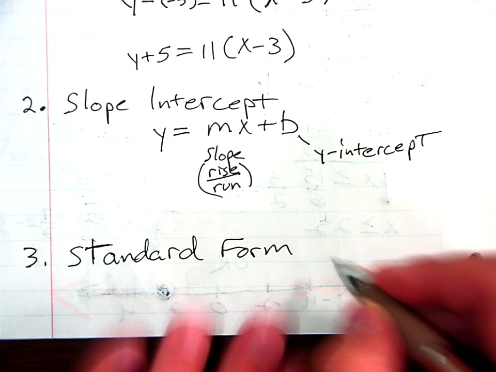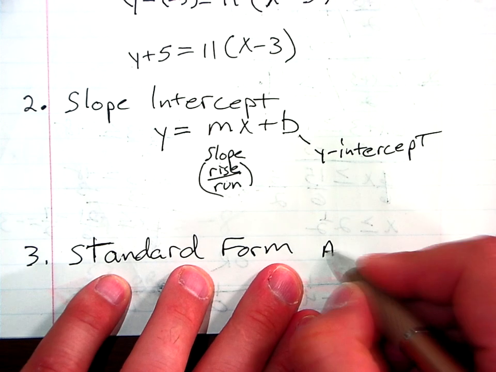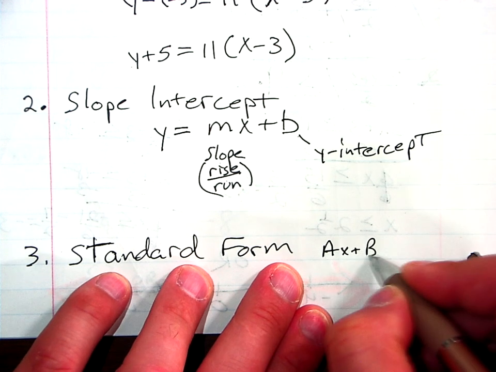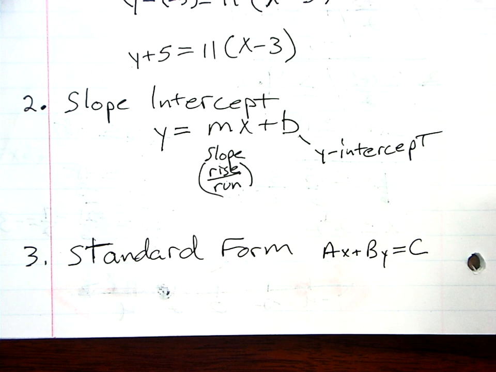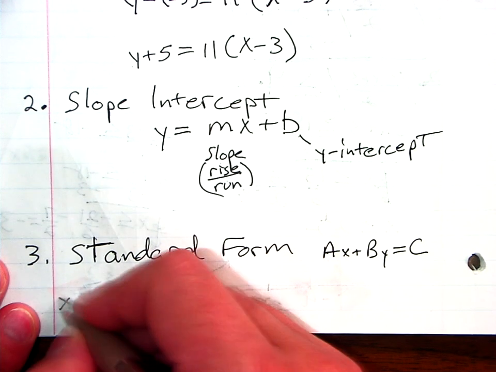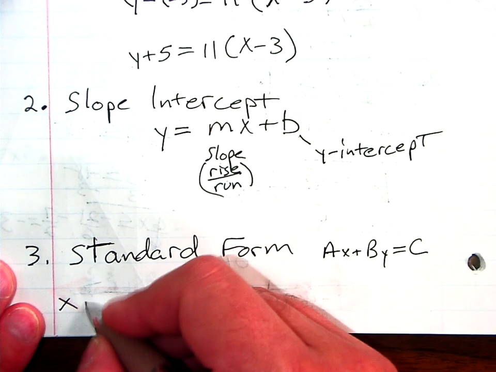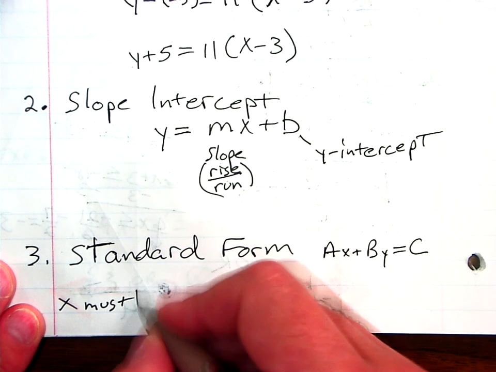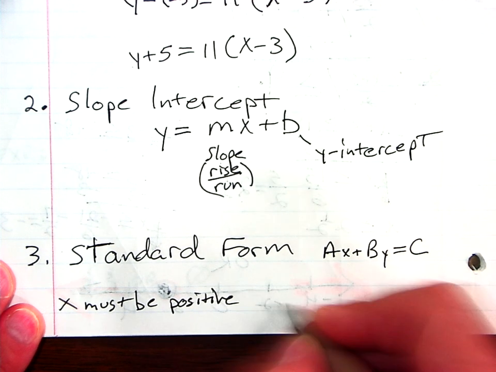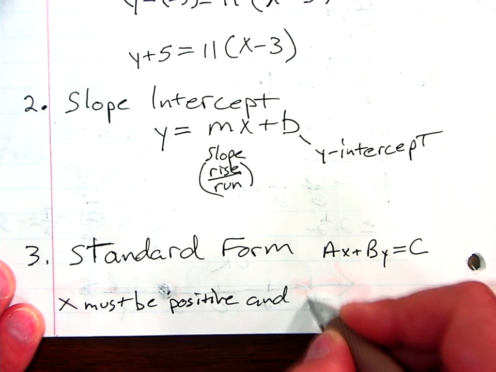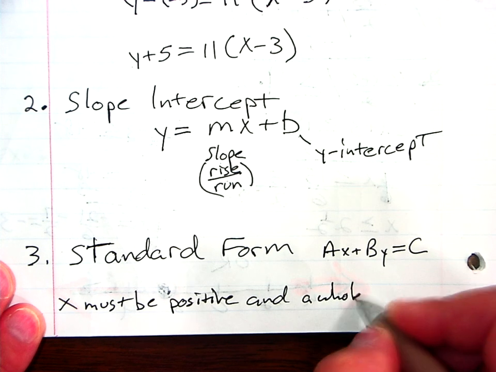Standard form is written in the form of Ax plus By equals C. And yes, the A, B, and C are capitalized. The x and the y are not. Here's some knowledge about this. A must be positive and a whole number.